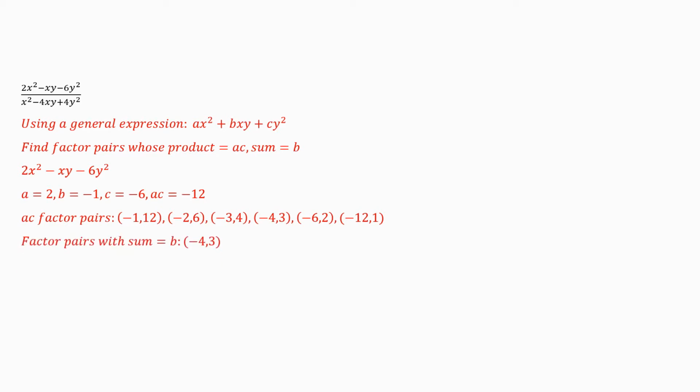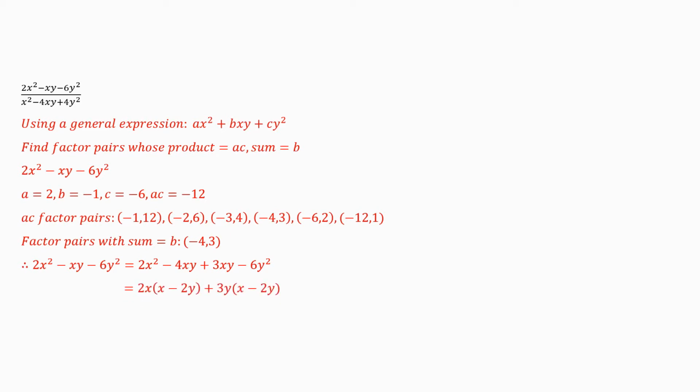And so we are going to use these factor pairs to expand our second term xy, and that gives us 2x squared minus 4xy plus 3xy minus 6y squared. Then we group the terms and find the common factors in the groups.